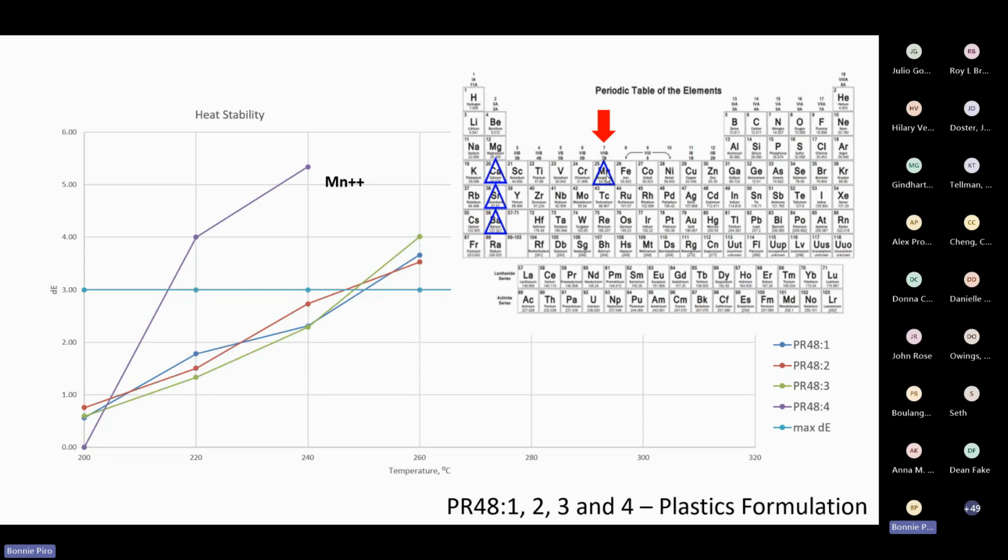And this one over here all by itself, in that fourth row, the manganese doesn't even pass the 220 mark. So it's a very poor performance in terms of heat stability in this plastic formulation. It's kind of interesting to see how this one stands alone by itself, and yet the crystal structure itself is identical.